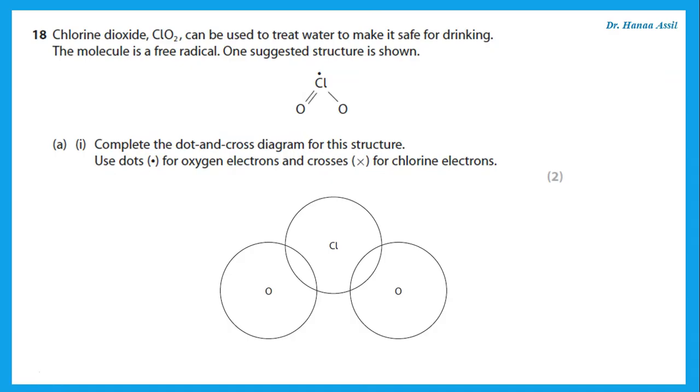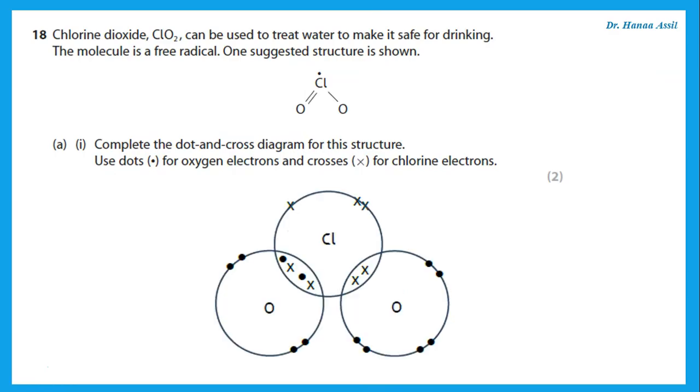So we know that oxygen originally has 6 electrons of its own, so it needs 2. So that oxygen on the left is having already, we're told they are double bonds, and you should know that a double bond means 2 electrons from the oxygen, 2 electrons from the chlorine. Now, the oxygen on the other end, we're going to use the 2 electrons from the chlorine.